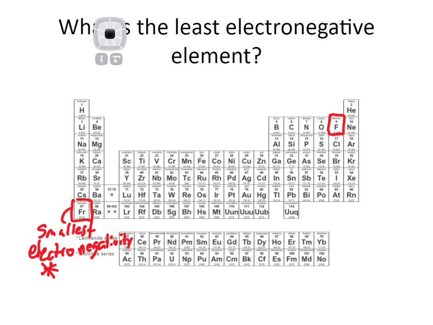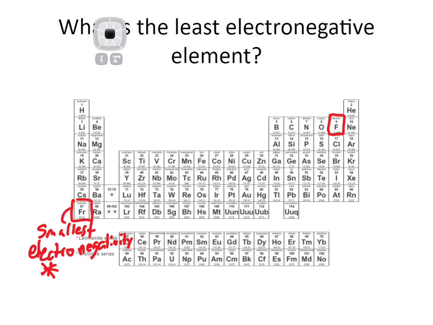With kind of a caveat, okay? With a clarification we've got to make. We said electronegativity is how much they want to attract electrons in what? Say again for me, Ty? Exactly, so a chemical bond.